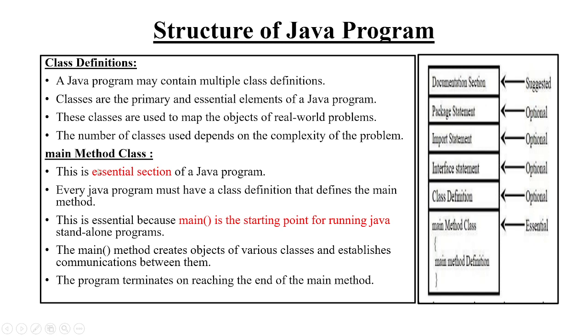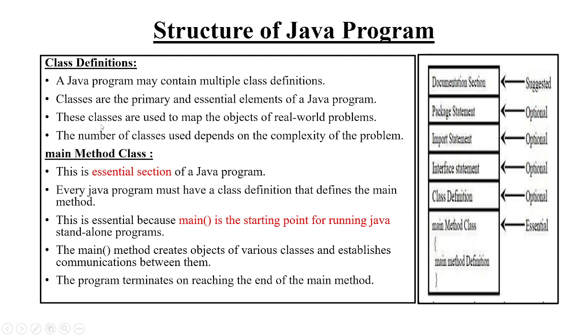And the next section talks about the class definition. This section can have more than one class definition. It's not restricted to only one class. A Java program can contain many classes, and multiple class definitions are going to be described at this location. And we know that Java is purely object oriented. That's the reason why classes are the primary and essential elements of a Java program.